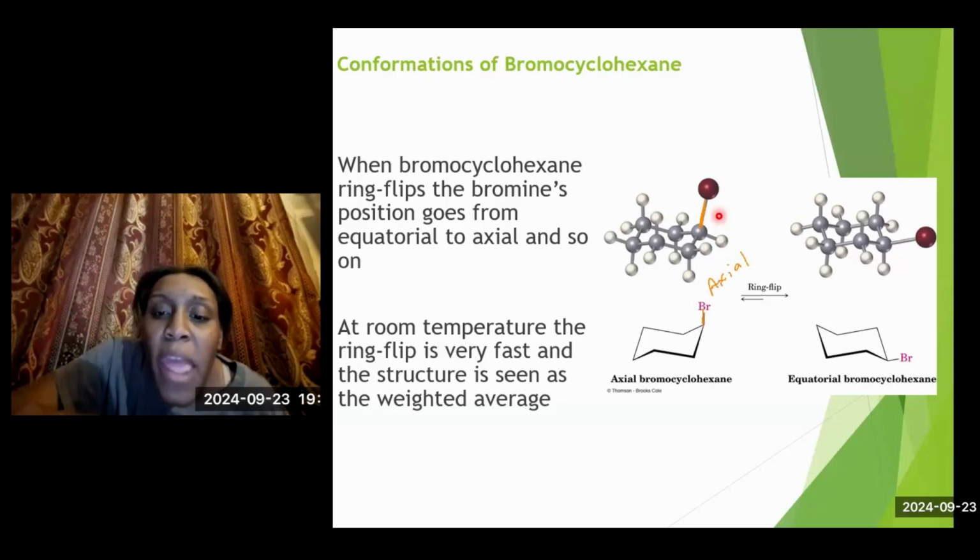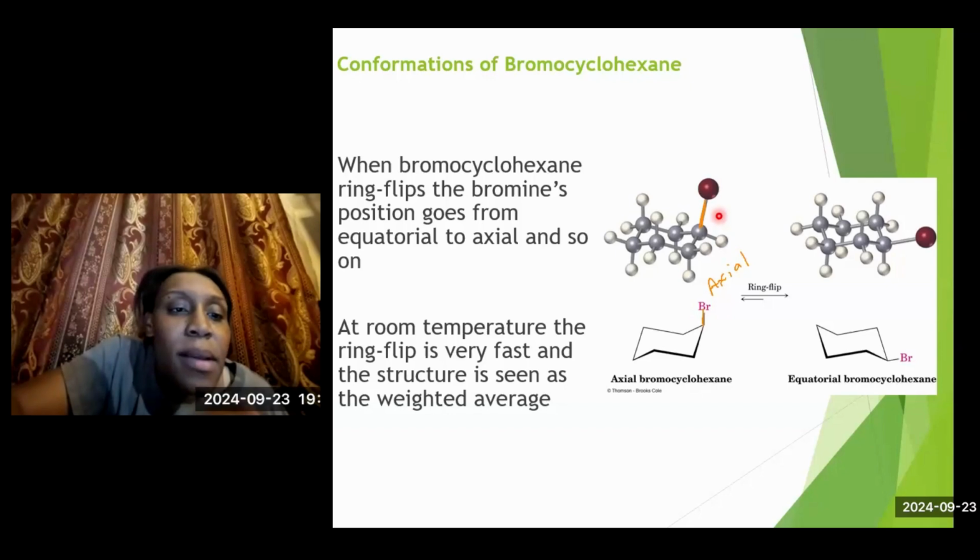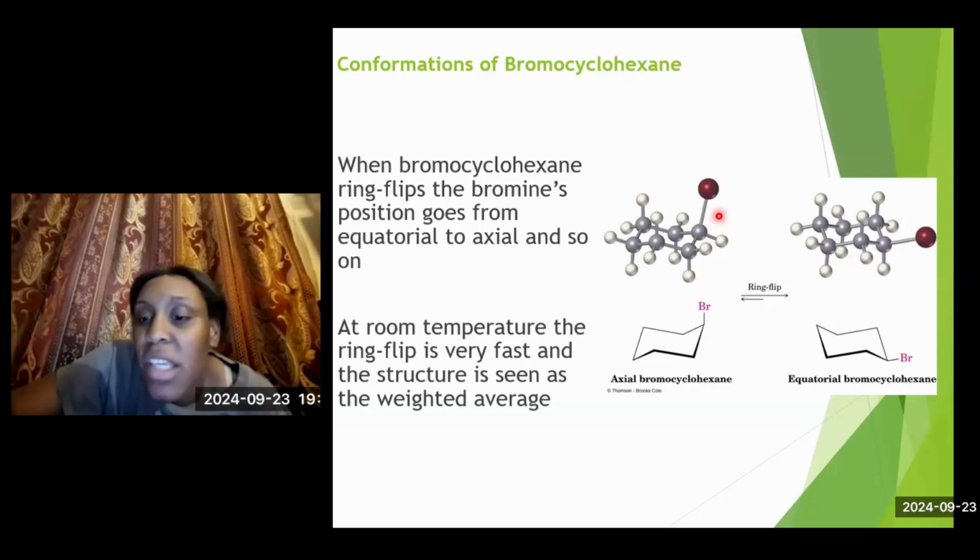Well, if the ring flips, and if what was pointing up now gets pointed down, and what was pointing down now points up, your bromine goes from the axial position to the equatorial position that you see here.